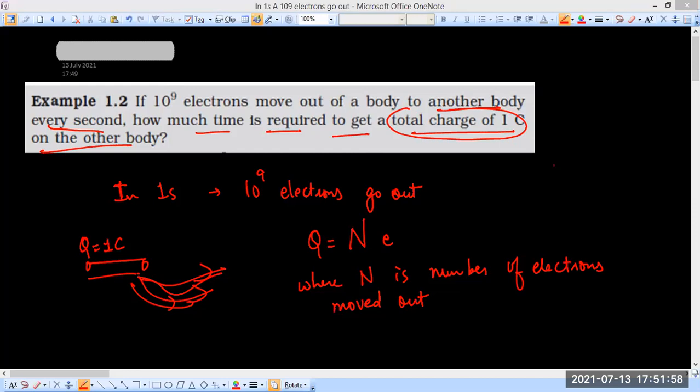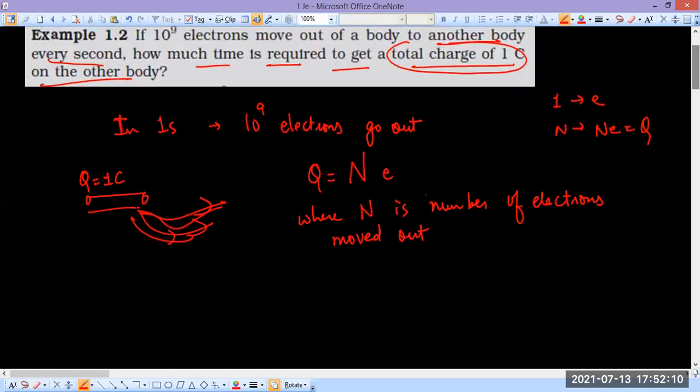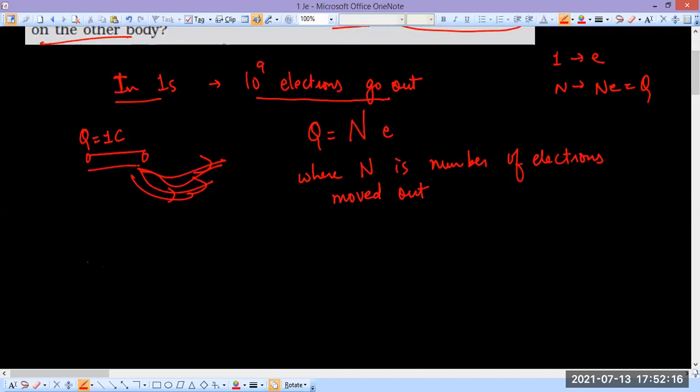One electron has charge e, then n electrons will have charge Ne, which is Q. Now from this we can find how much time will it take, because in 1 second 10 raised to 9 electrons go out. So I can say therefore n should be equal to 10 raised to 9 into t. Is this understood? Where t is time.